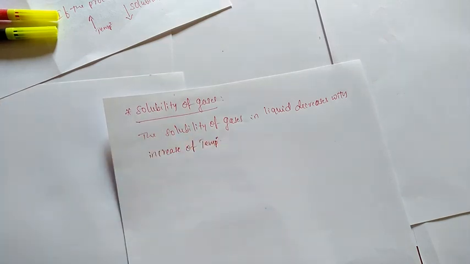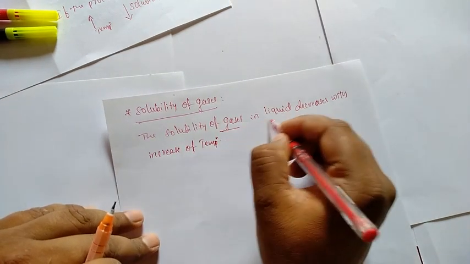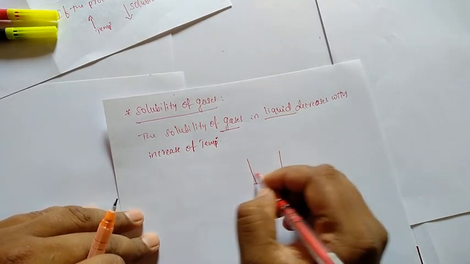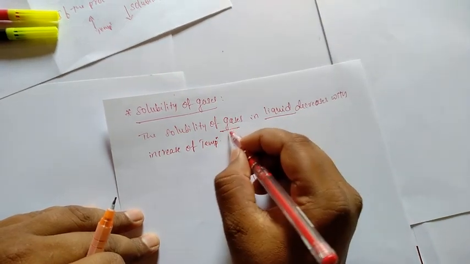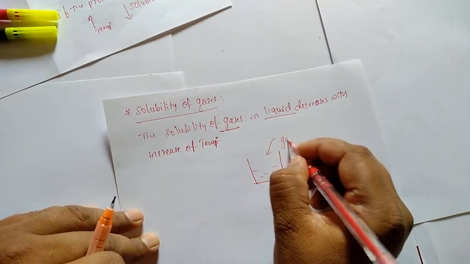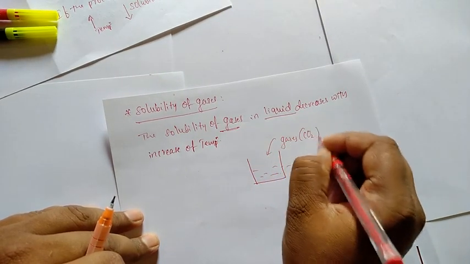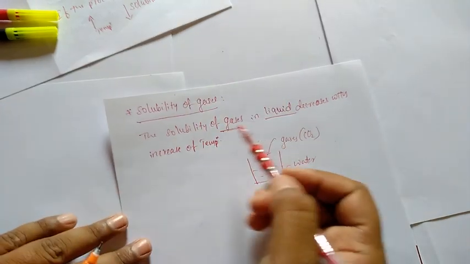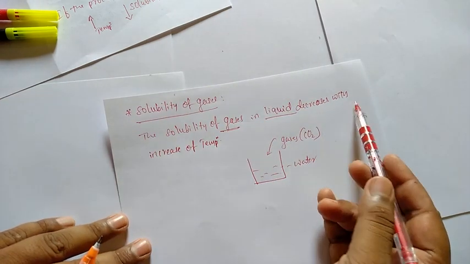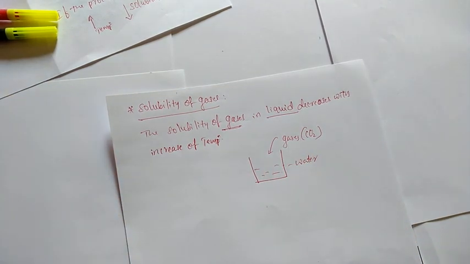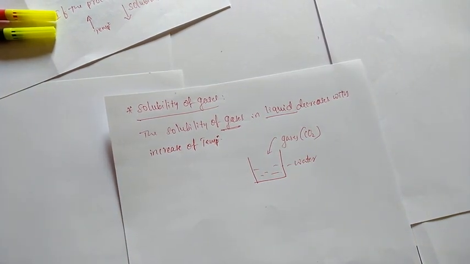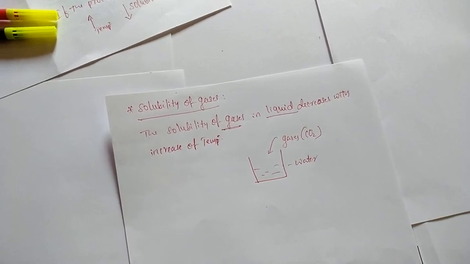The solubility of gases in a liquid. You can take the example of water as the liquid and a gas like carbon dioxide. If you increase the temperature, the solubility of a gas in a liquid decreases.